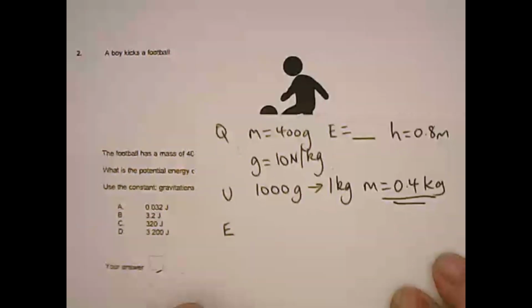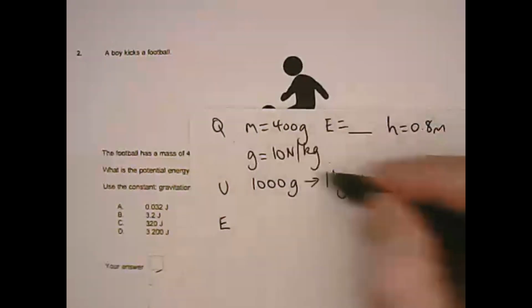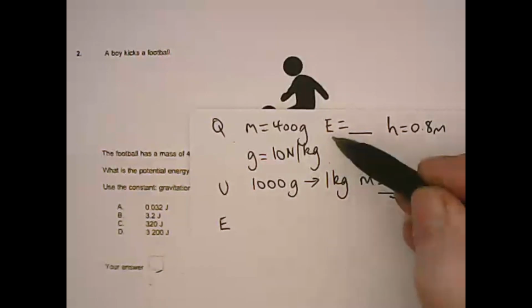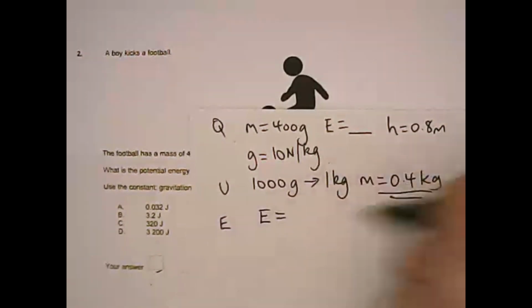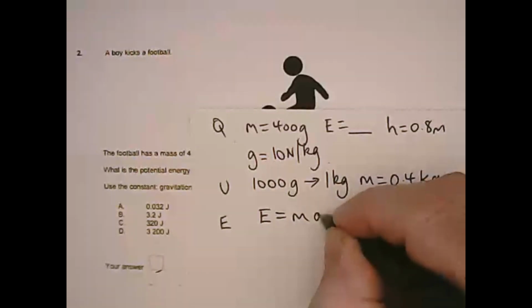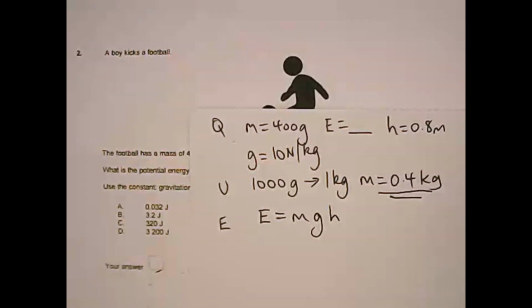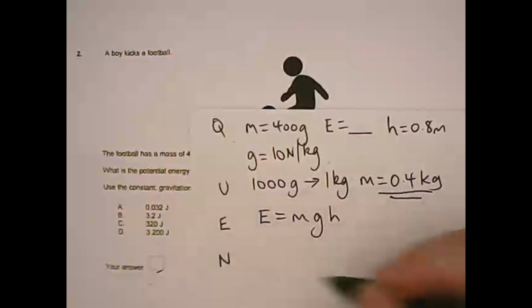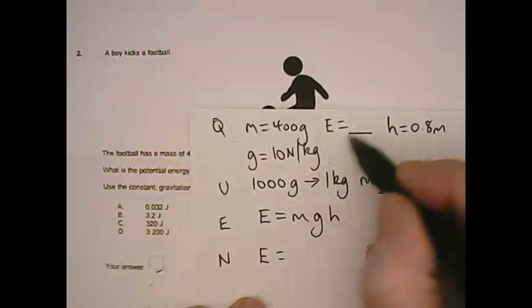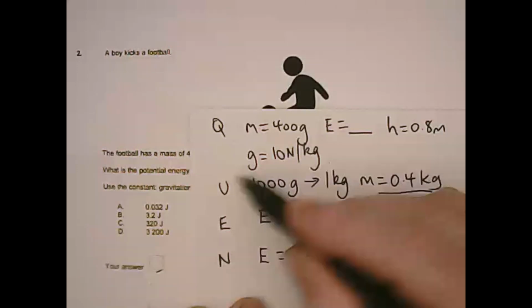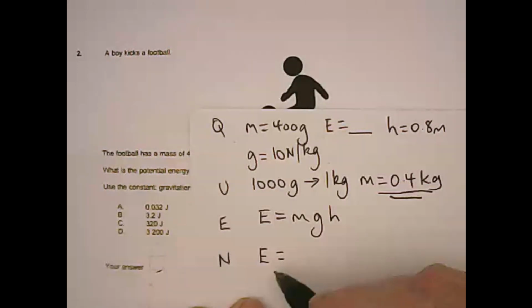Now, I need to recall an equation that contains all of these variables. I've got E, m, g, and h. I'm going to recall that energy equals mass times gravitational field strength times height. Substitute my numbers. Well, I don't know what E is, so I can't substitute a number for it, but I do know it is E for gravitational potential energy because it's in the question. So it is not a question mark.